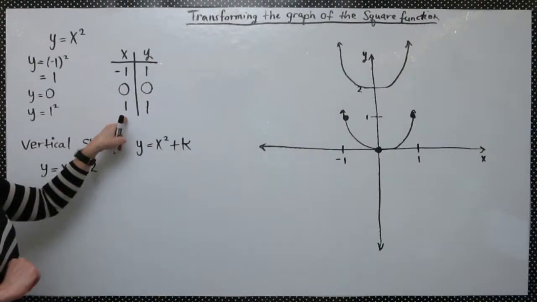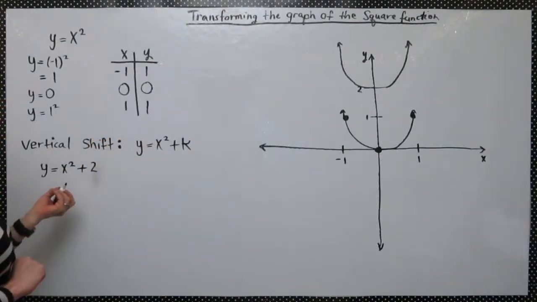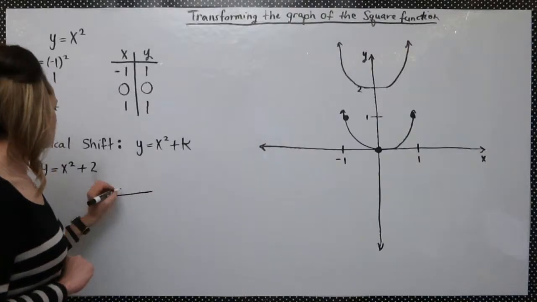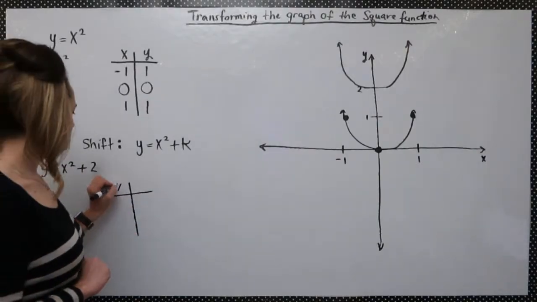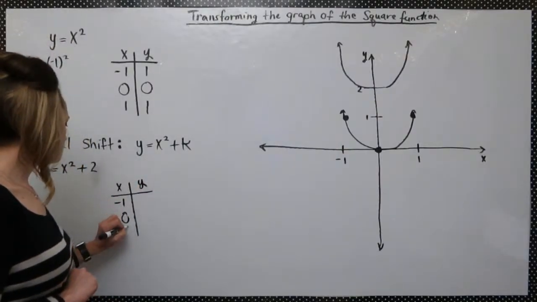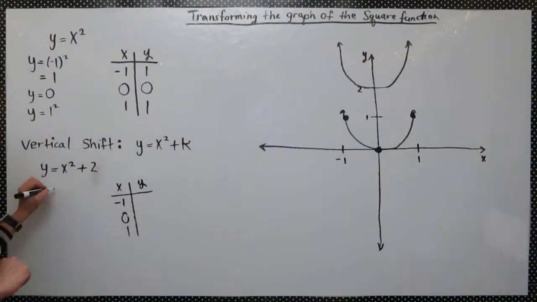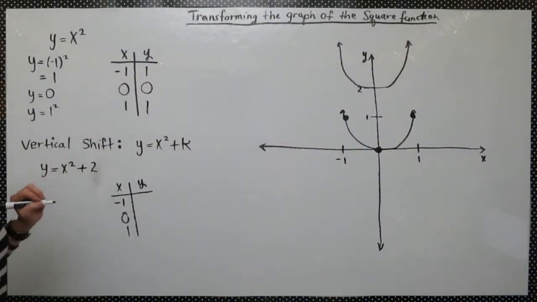What it's doing is it's affecting the y values. When you build a table of values to plot this function, and you use those same 3 points, -1, 0, and 1, all you're doing is adding 2 to the values of y.